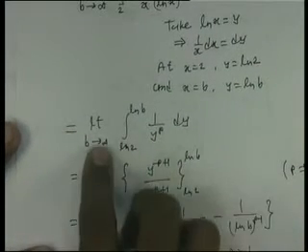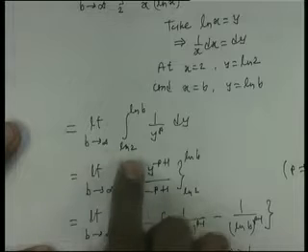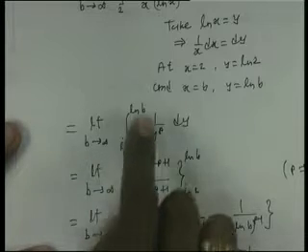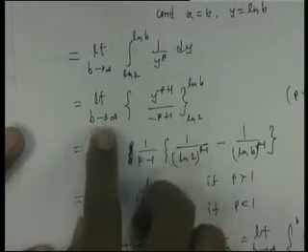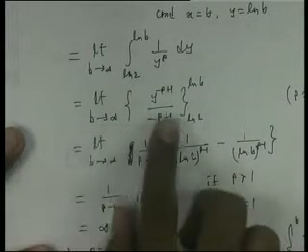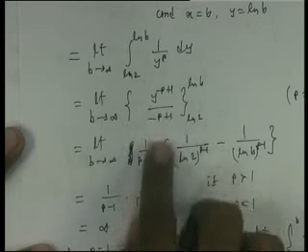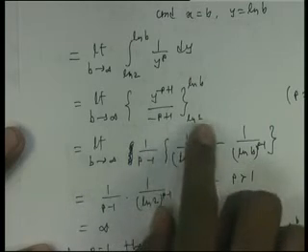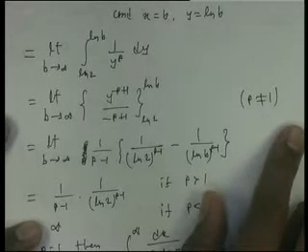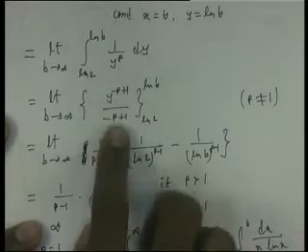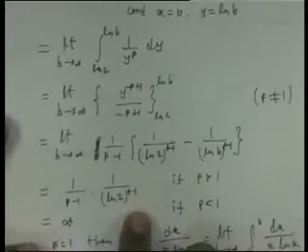So here, limit b tends to infinity, integration from log 2 to log b of 1 upon y raised to p dy. This is equal to limit b tends to infinity y raised to minus p plus 1 upon minus p plus 1, from log 2 to log b. Here we have mentioned that p is different from 1 because the denominator is minus p plus 1.